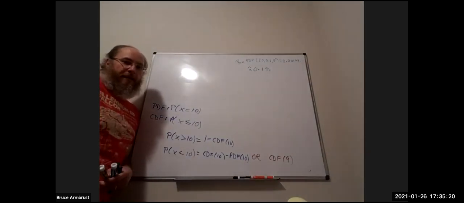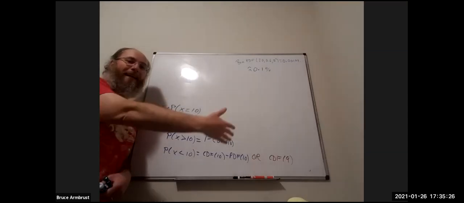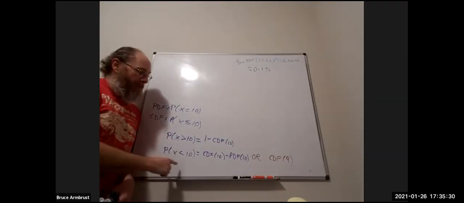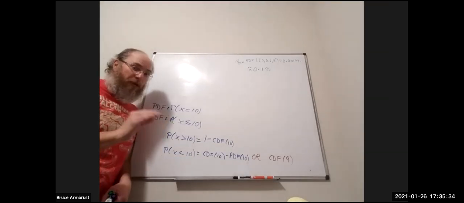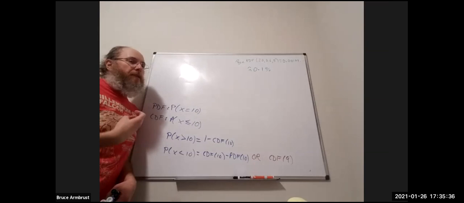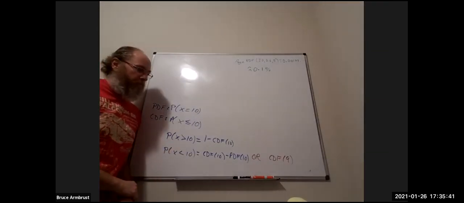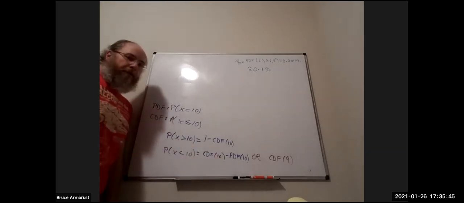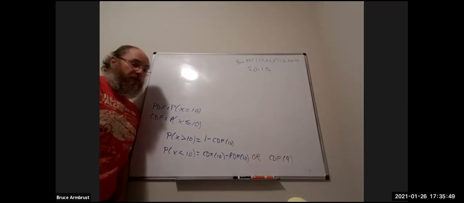Think about what CDF 9 means. It's the probability of 1, 2, 3, 4, 5, 6, 7, 8, and 9, including 9, which is what it means if we're less than 10 and we're counting. Since we're counting, the biggest number less than 10 that we can count is 9. But I'd rather you think of it as CDF minus PDF, because that's what we do when we get to continuous.